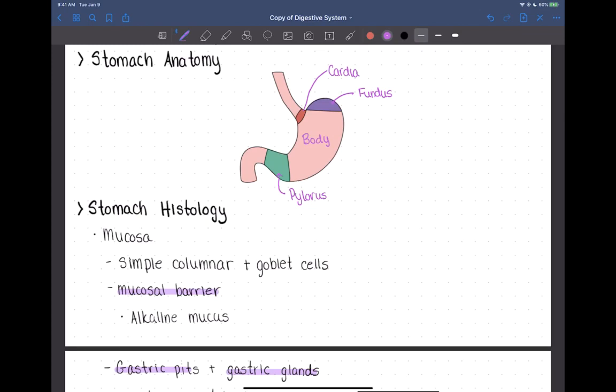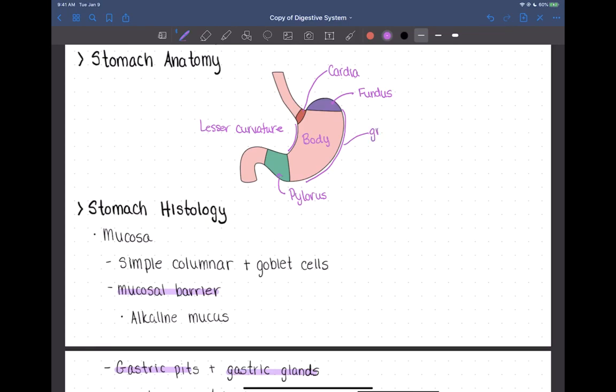All right, a couple of other important things to point out. This curve here is called the lesser curvature. And on the other side, we have the greater curvature.